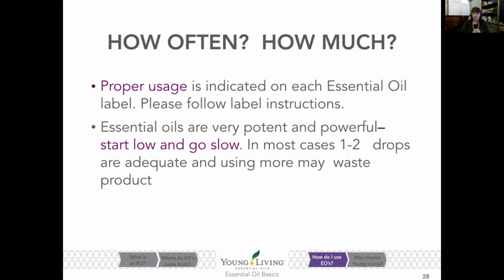This is especially important when you're first starting to use essential oils, and especially with the hot oils or stronger oils that are very minty. Those are the ones that can be very overwhelming if you were to put it in your hand, like peppermint, and just cup it over your nose. You might have a very clearing sensation going on quicker than you wanted. So just start low and slow and just bring it slowly up.